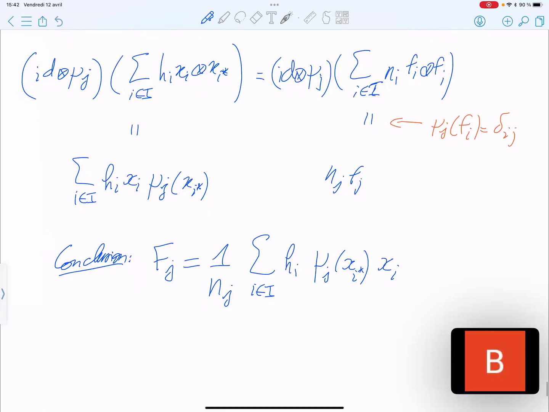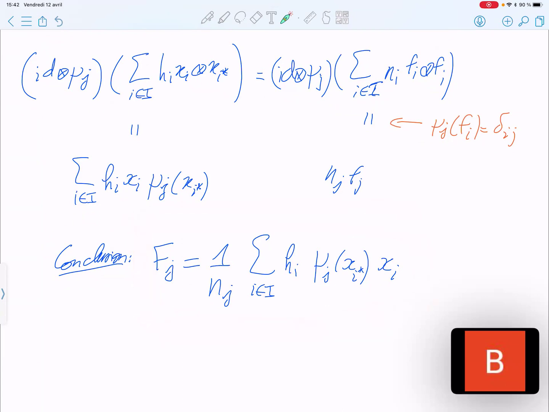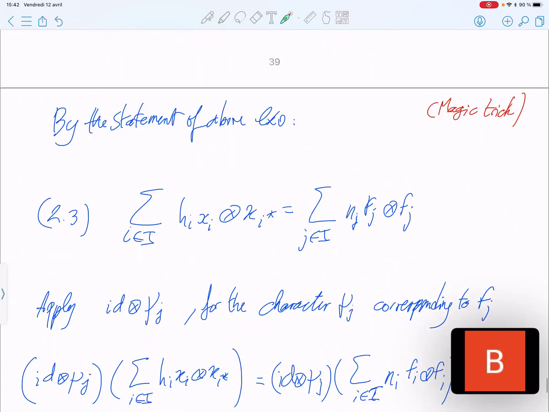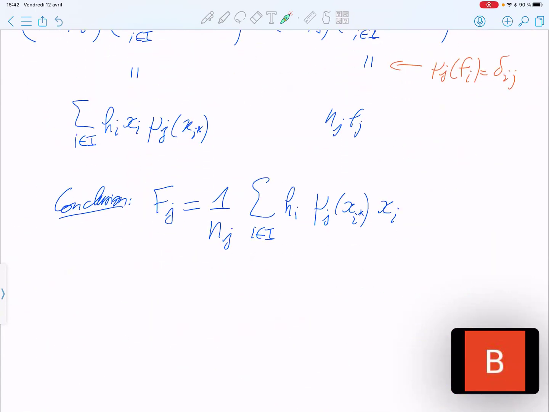So under this magic trick, we got the formula for the primitive central idempotent f_g for free. This involves the entry of the character table, or if you want, the Fourier coefficient. This is denoted equation 2.4.